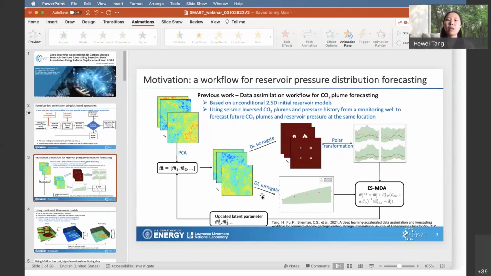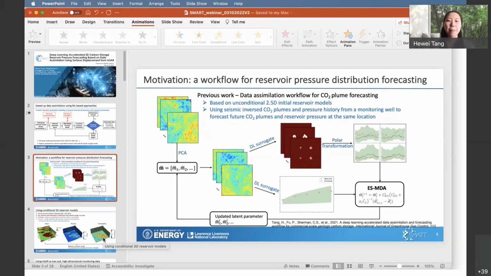For example, in our previous work, we have considered using CO2 plumes inverted from seismic data, and also the pressure from monitoring wells. And this can all be considered. So InSAR, yes, it's kind of tricky. If we have good InSAR data, then we can use it. And if not, we will probably need to rely on the pressure measurement from monitoring wells to calibrate the reservoir pressure.